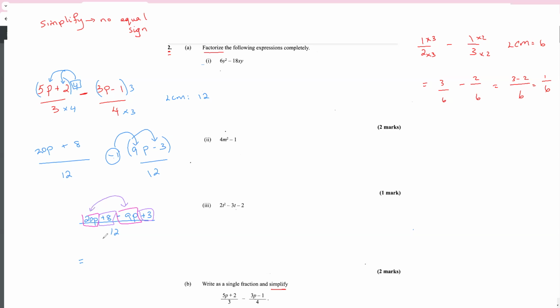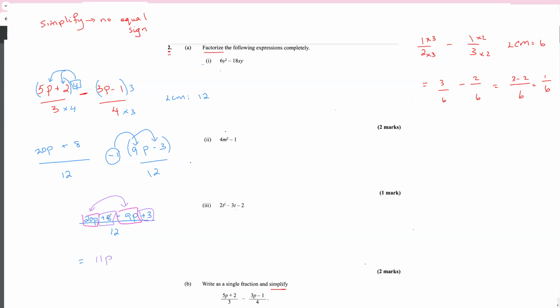So that will be 20p minus 9p. So if I have 20 pence minus 9 pence, so 20 minus 9, I got positive 11 pence. So 11p.